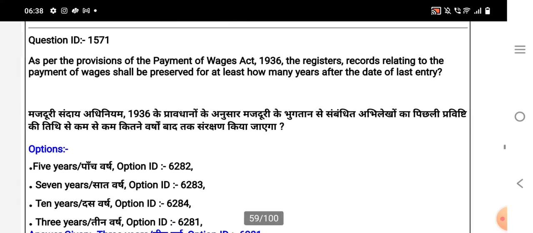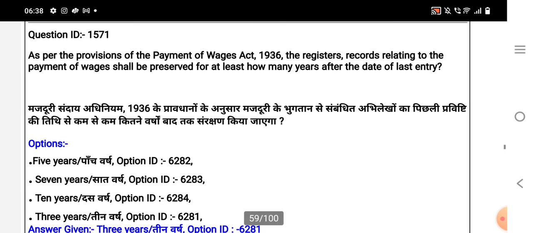So the right answer of this question is 3 years. ये पेमेंट ऑफ वेजेस एक्ट के अंडर मेंशन है, like this is one of the provisions mentioned under Payment of Wages Act, that the employer is required to maintain the registers and records relating to the payment of wages for at least 3 years after the date of last entry.